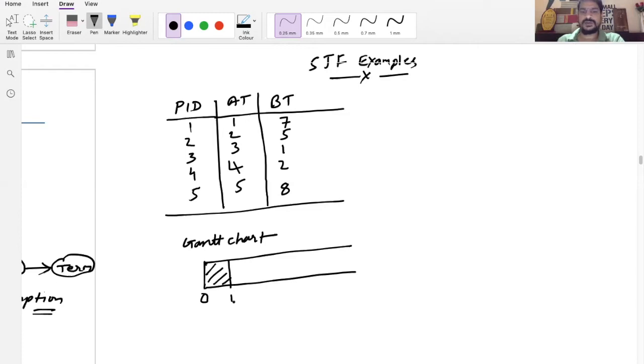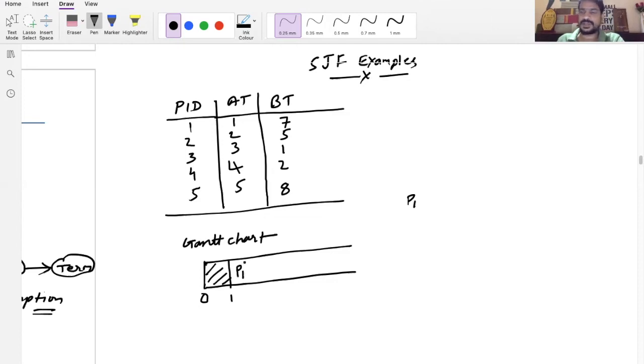Now, at the first unit of time, we have only one process, which is P1. Because we have only P1 at 1 unit of time, we don't have any choice to calculate the shortest burst time for the job, so we have to take P1 into consideration.